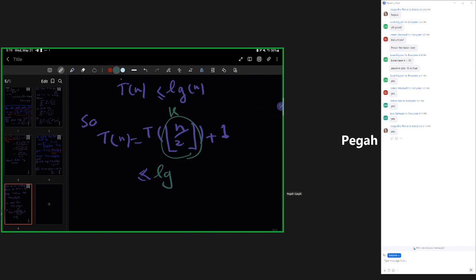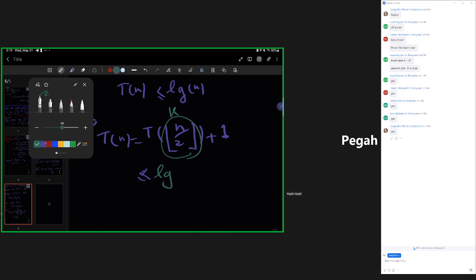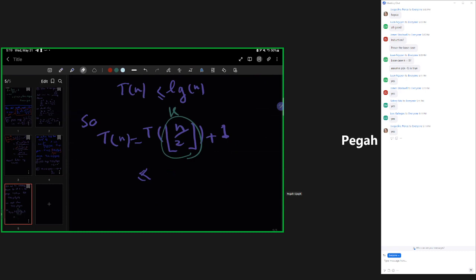So this is going to be, actually, let's go back to the color that I used. So this is going to be log of n over 2 plus 1. So how do I say that? I need to write it again. I will write here.